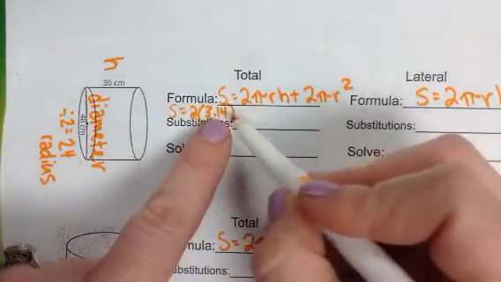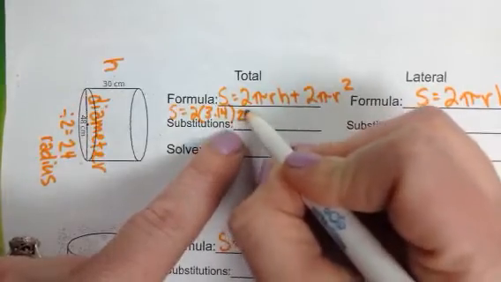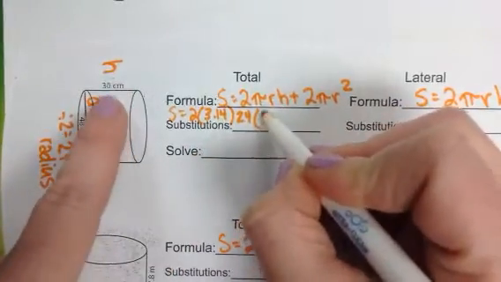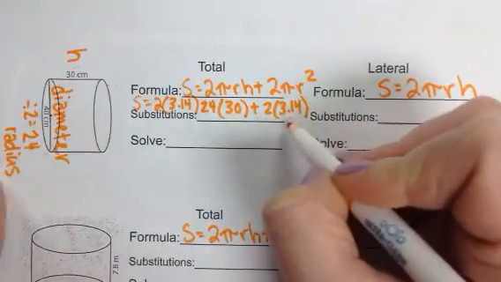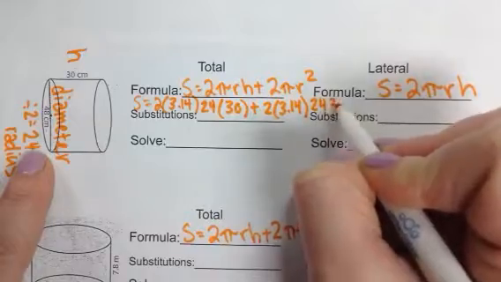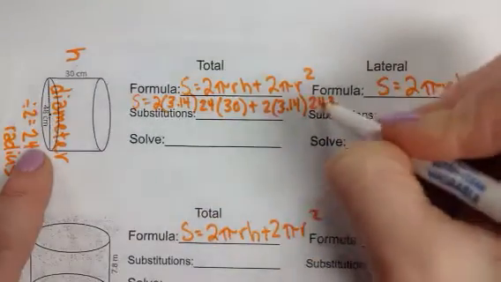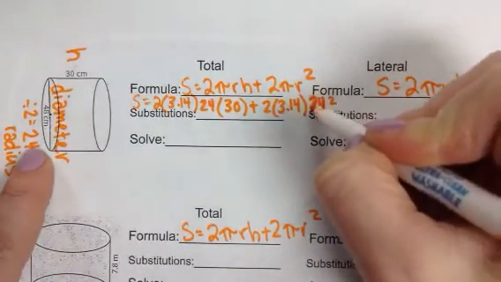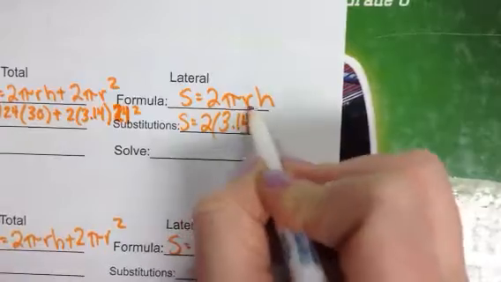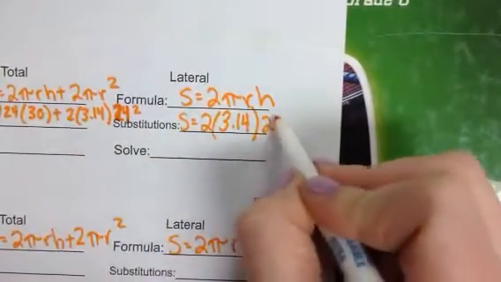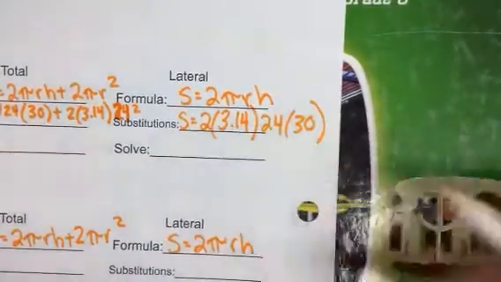So I've already got my pi number. I need my radius of 24. My height was 30 plus 2 times 3.14 times 24 squared. For lateral, it's going to say 2 times 3.14 times 24 times 30.